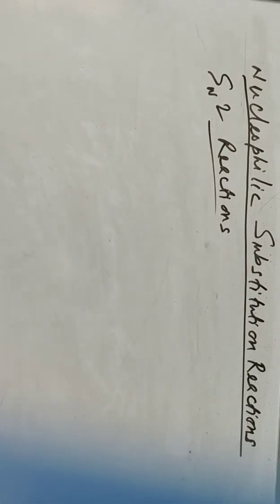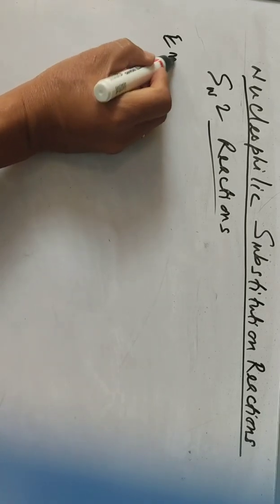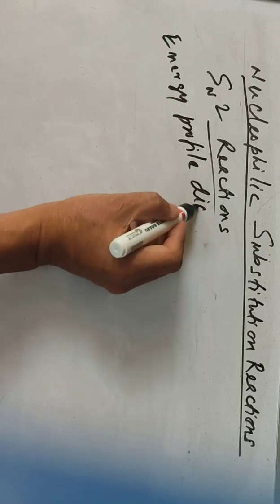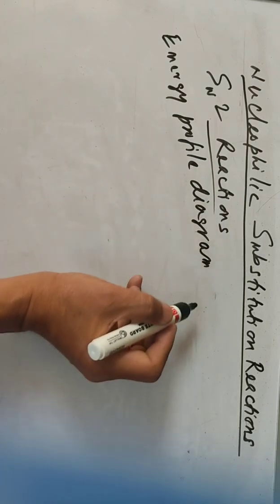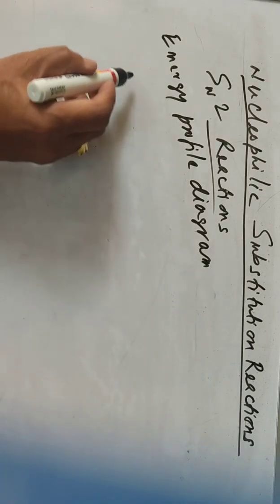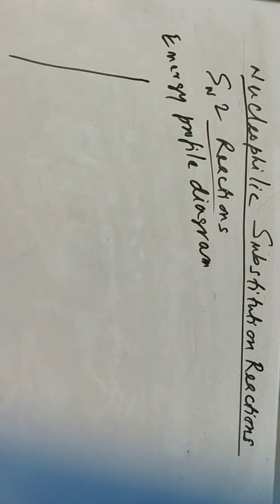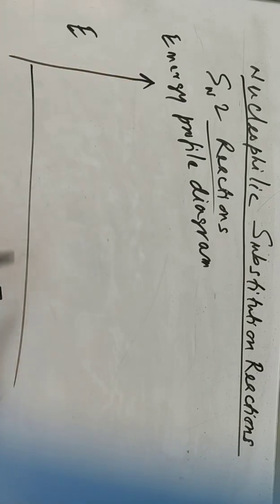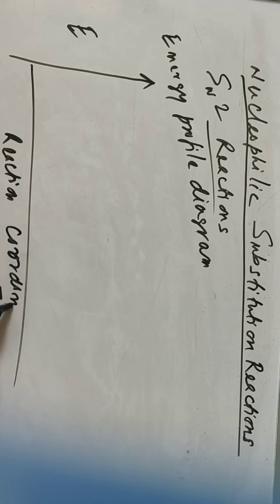Here we have energy on one axis, and then the reaction coordinate, or progress of the reaction, on the other.